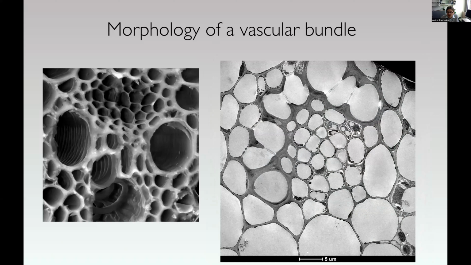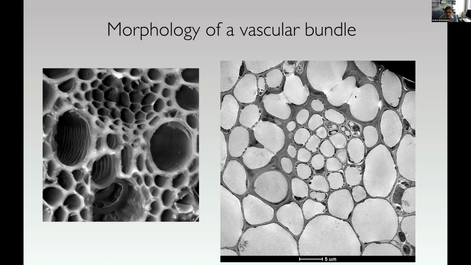In the center, you can see phloem cells, and here you see metaxylem vessels. While most of the cell wall is very thick and appears as a dark material, between cells part of the cell wall is very thin and much less dense. These are pits.